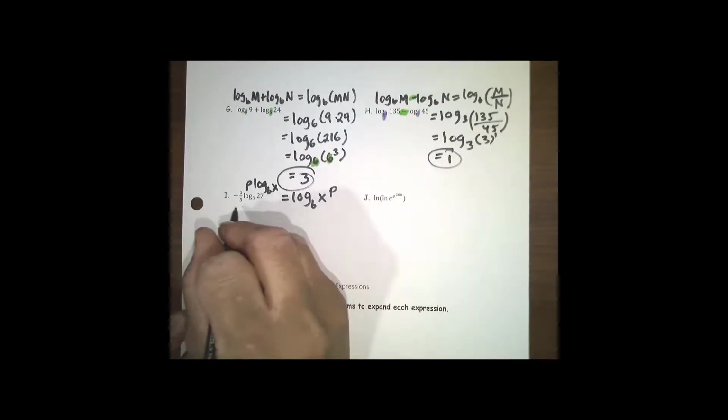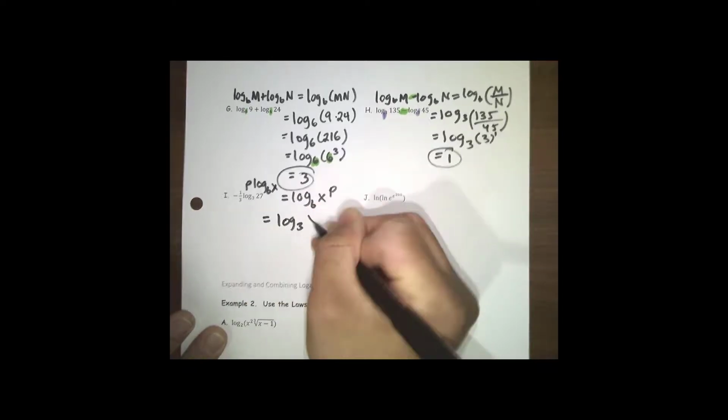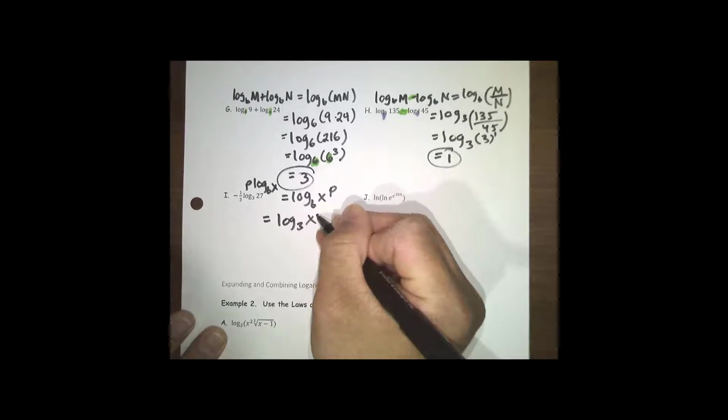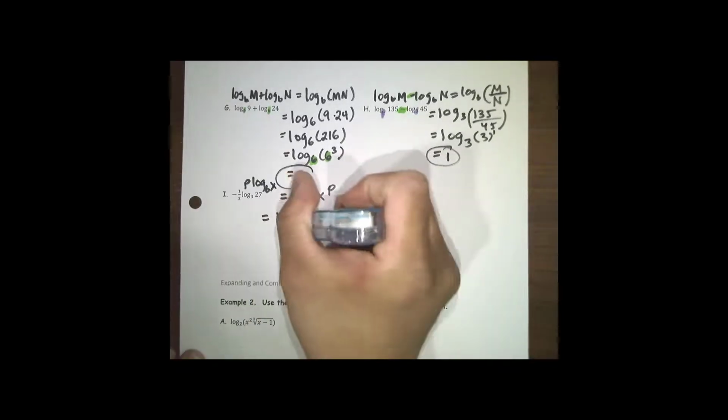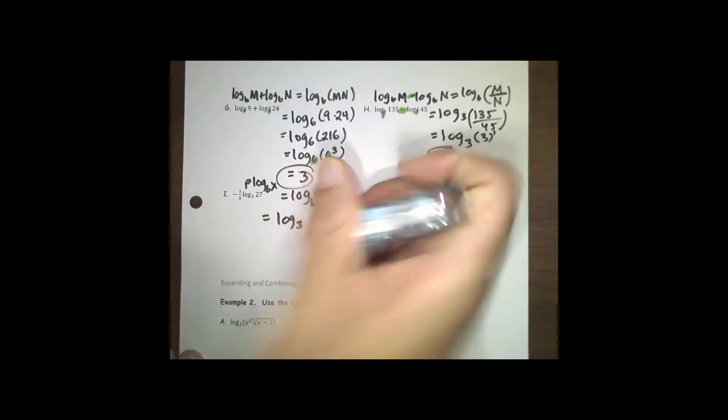So negative 1/3 log base 3 of 27 is equal to log base 3 of 27 to the negative 1/3 power.